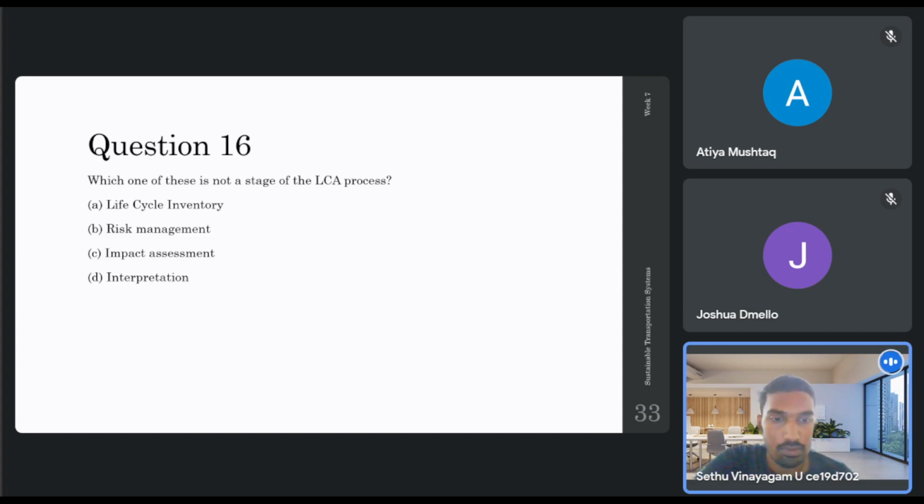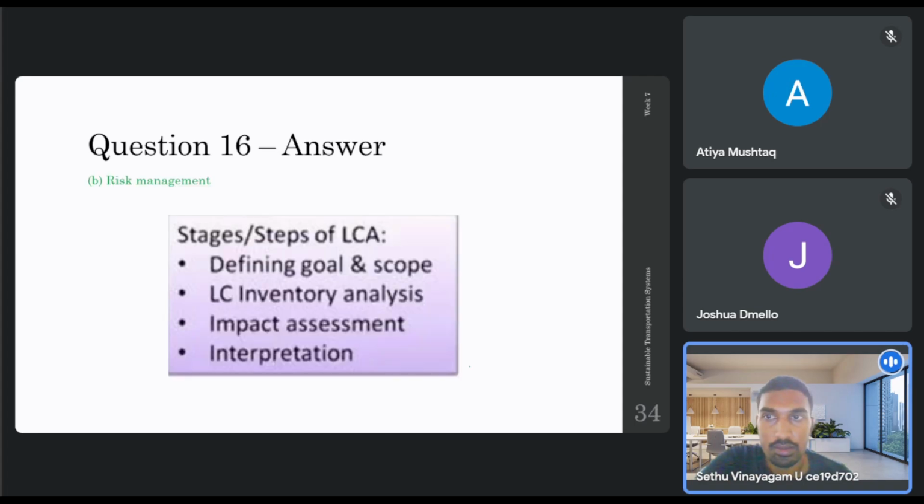Okay, so the right option is option B. It is risk management. Right.